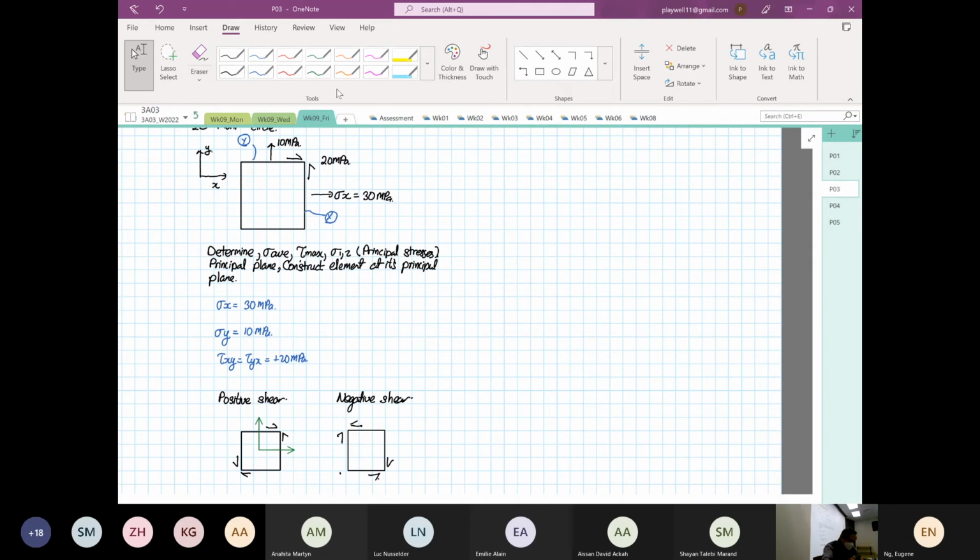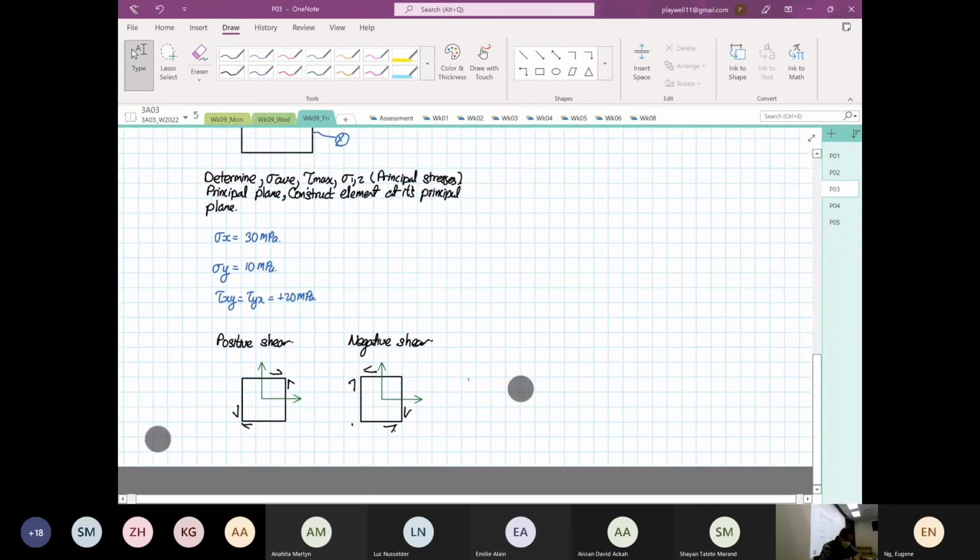Again, I will draw the center. First of all, I'll tell you positive and negative shear are both as good or both as bad. There's no such thing as positive shear being better than negative shear. That is the first thing that I like to drive home.